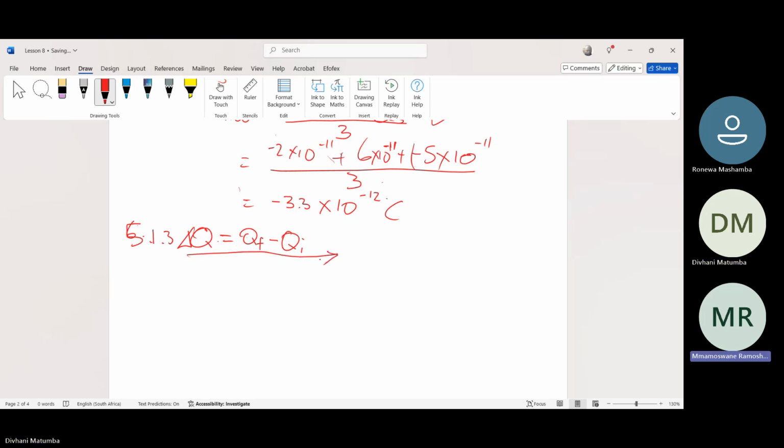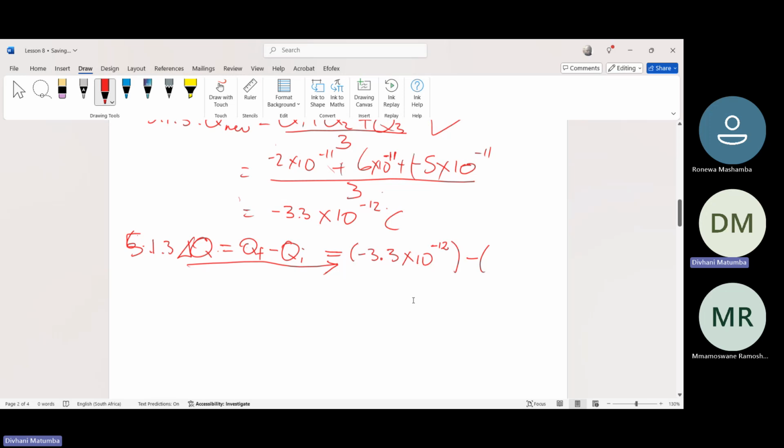Oh, yes. Okay. So Q final is minus 3.3 times 10 to the power of minus 12. Then what is Q initial, Ronel? They are talking about sphere B, by the way.